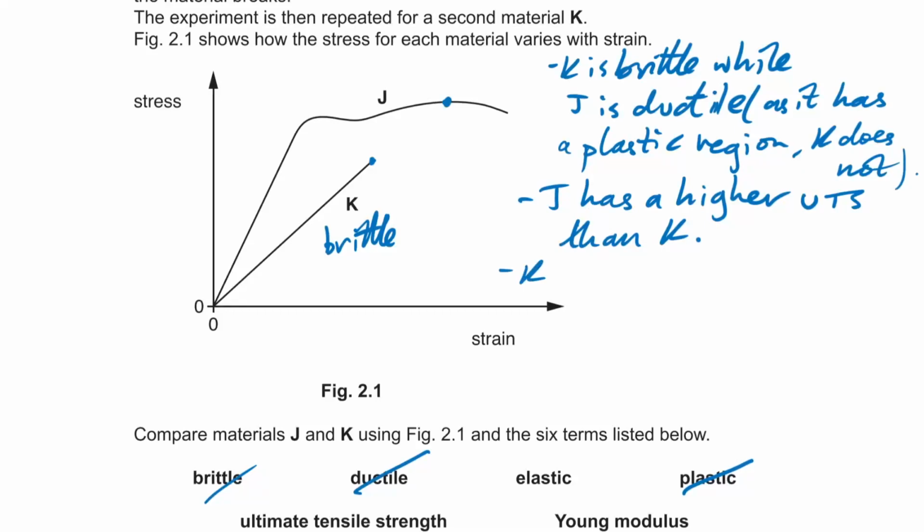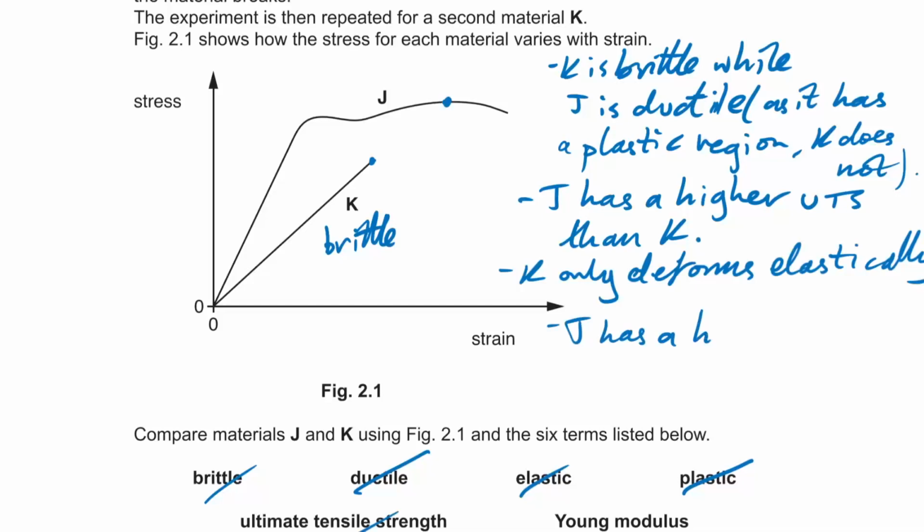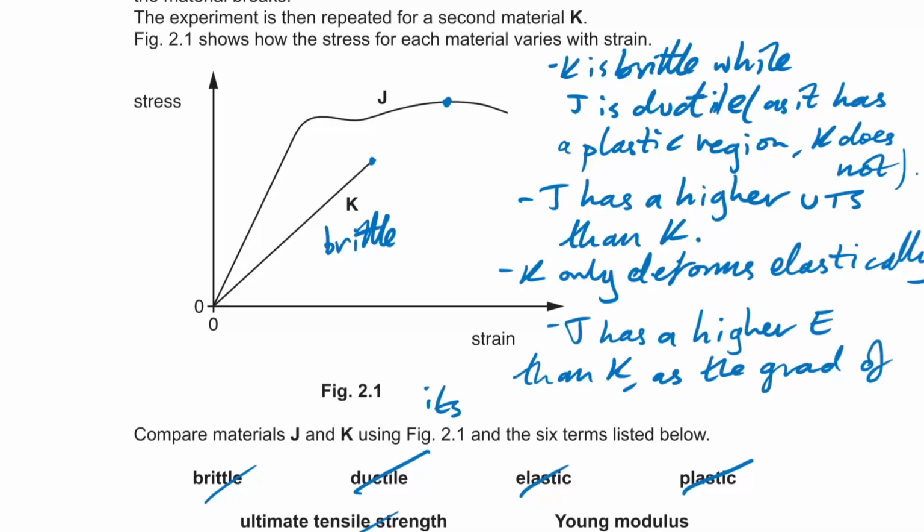We can say that K only deforms elastically because it doesn't have a bit that curves over like J. So K only deforms elastically, and then also J has a higher Young modulus, I'm just going to write E, than K, as the gradient of its linear portion, we can say elastic region is greater, we can say higher.